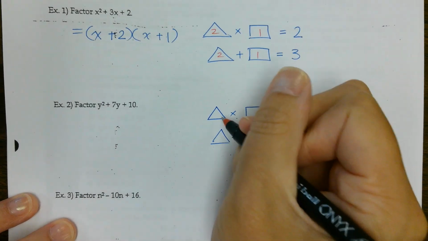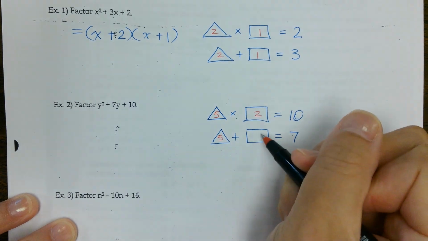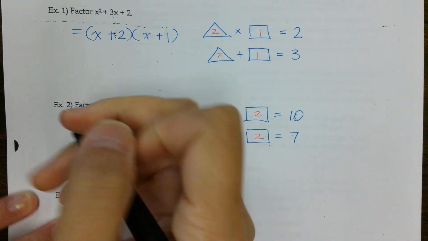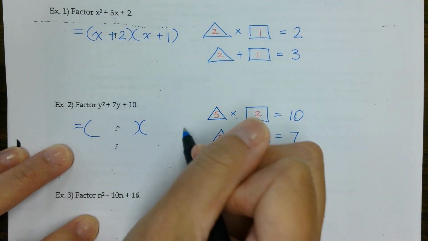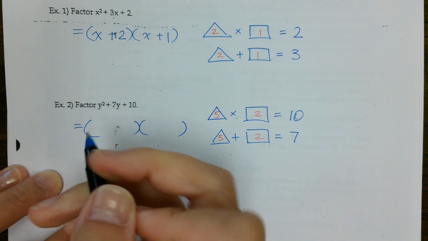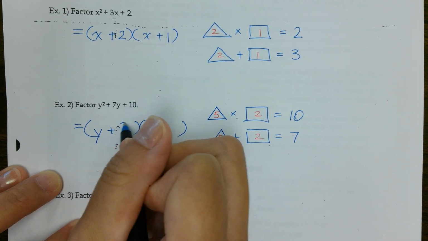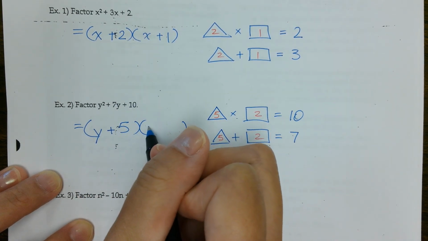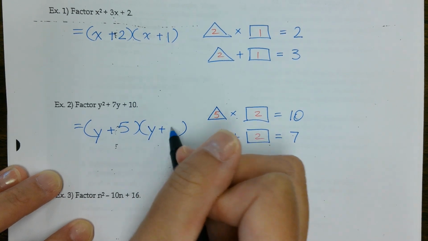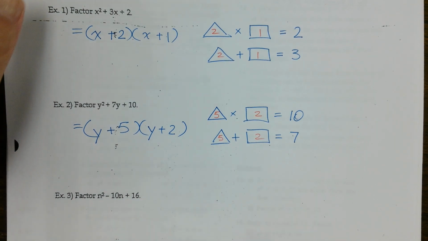Yep, 5 and 2. 5 times 2 gives us 10. 5 plus 2 gives us 7. So what would my answer be right here? y plus 5 and y plus 2. Perfect. Are we okay so far? Okay, we'll do one more.